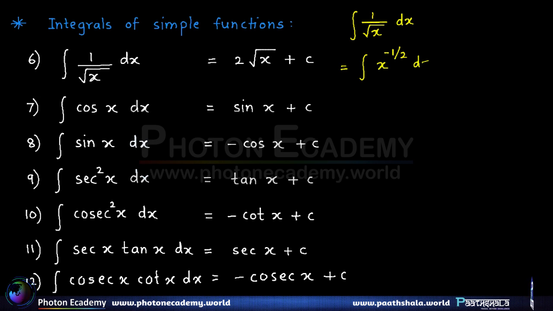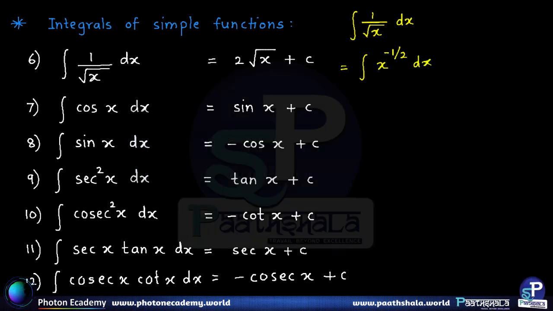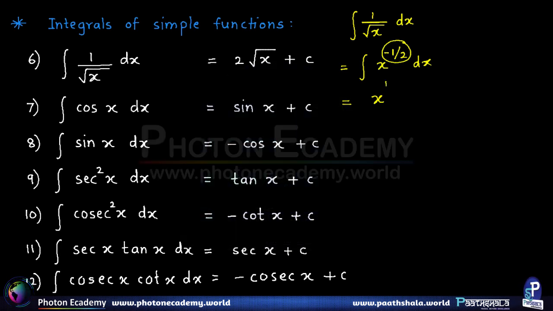Now we have already seen a result that if we have a function of the form x raised to n, then its integral is given by x raised to n plus 1 upon n plus 1. So here n is minus half. So minus half plus 1 is nothing but plus half, isn't it? So here we will get x raised to plus half, divided by the same increased power, that is divided by 1 upon 2 once again.